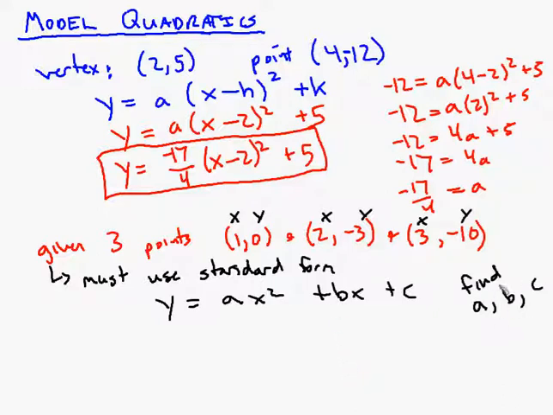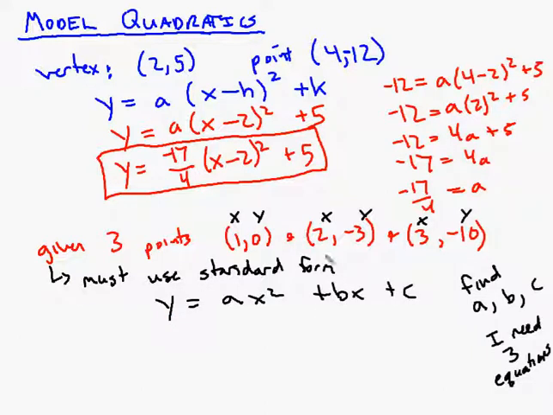So if I have 3 unknowns, I need 3 equations. And now you should get really worried. Uh-oh. This is what we did before last chapter, solving a system.